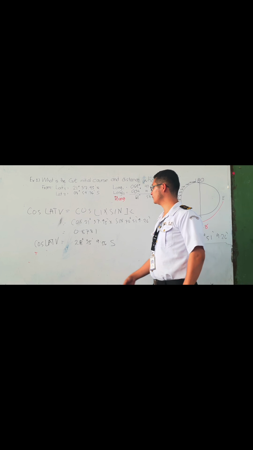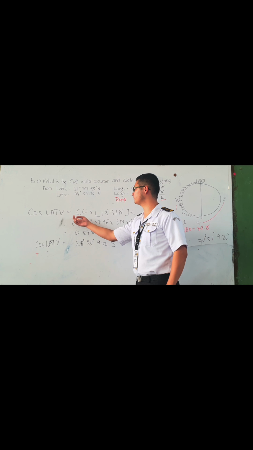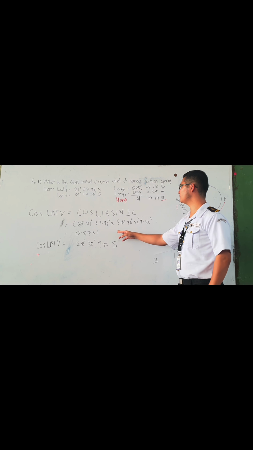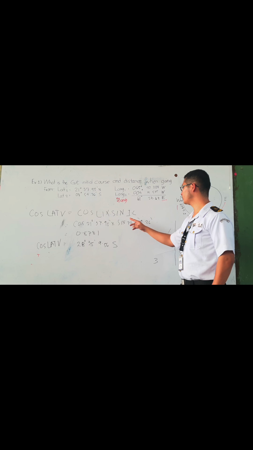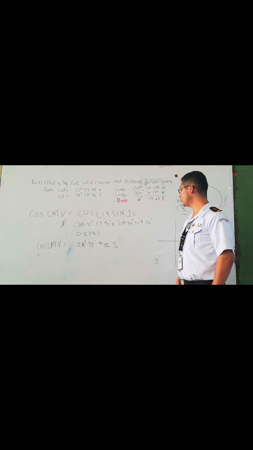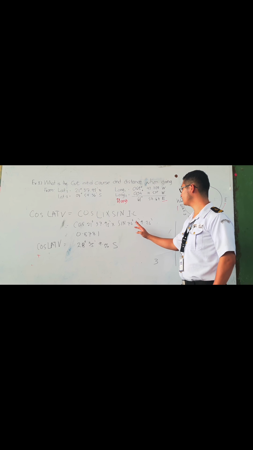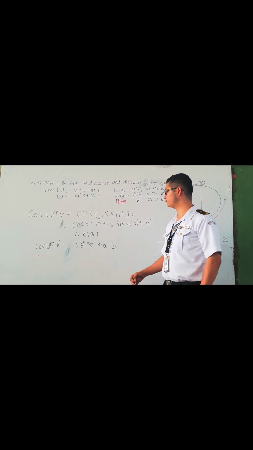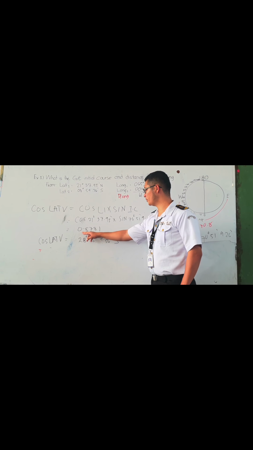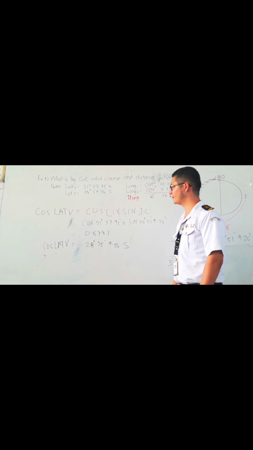Hey guys, the formula of cos lat V is cos L1 times sin initial course. Remember the initial course is 70 degrees, 51 minutes, 9.56 seconds. And the product of it is 0.8781.